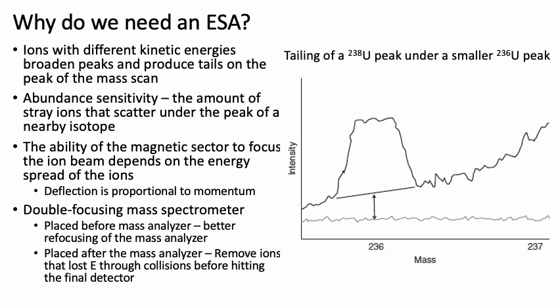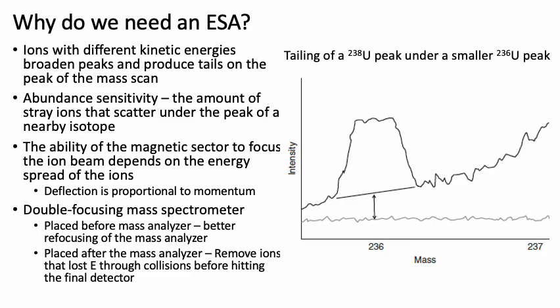This is what we call a doubly focusing mass spectrometer when we have an electrostatic analyzer, because the electrostatic analyzer focuses the beam by the kinetic energy, and then our mass spectrometer part actually focuses it by its mass. I mentioned we can place our electrostatic analyzer before the mass analyzer, before our big magnet.